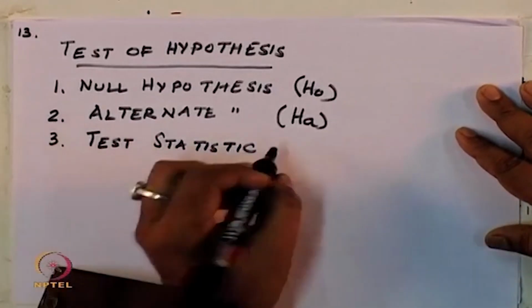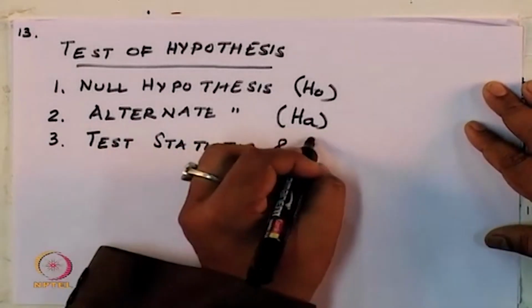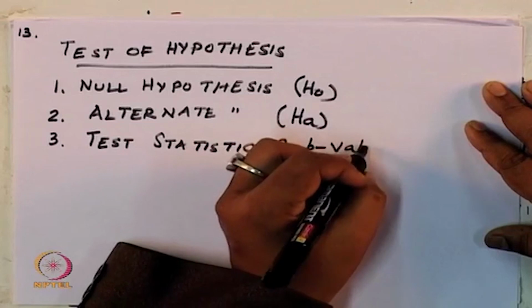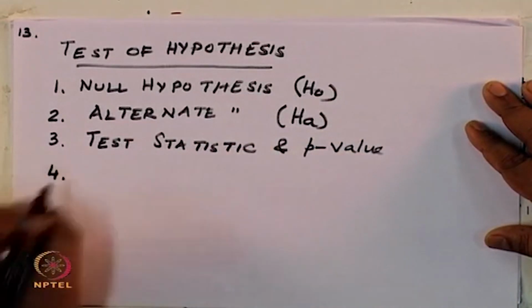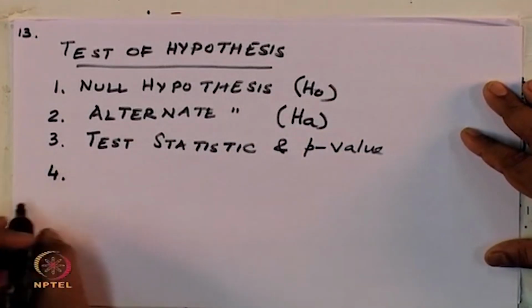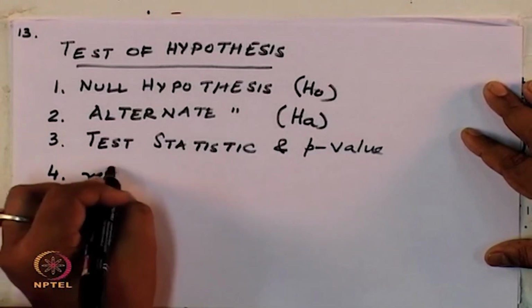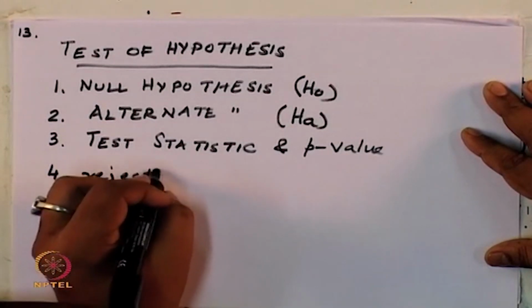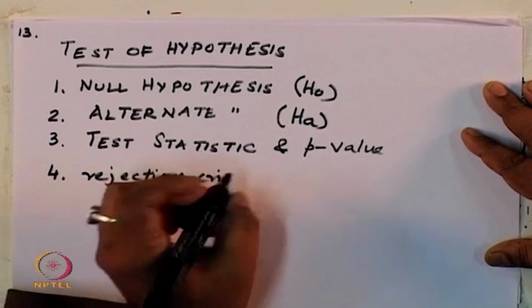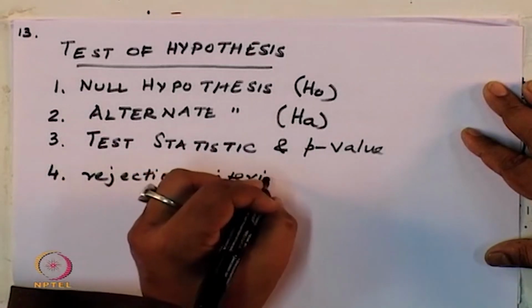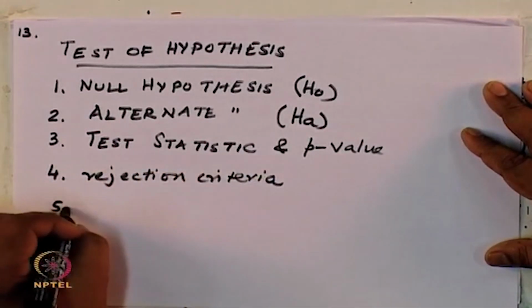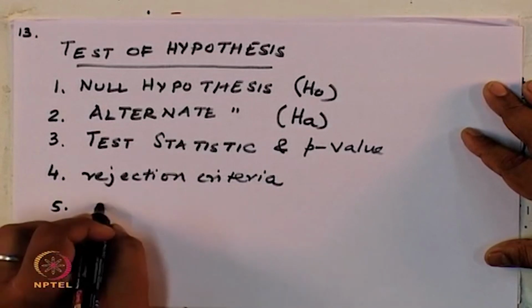Using the test statistic, you calculate something called a p value. You decide on some rejection or acceptance criteria, and 5, you draw your conclusion.